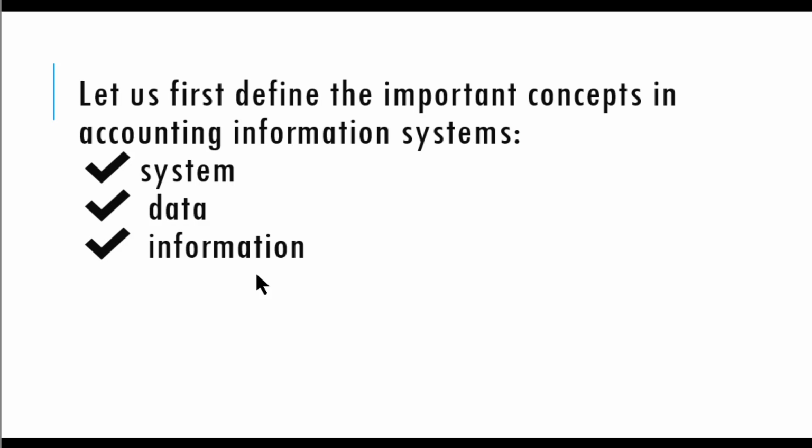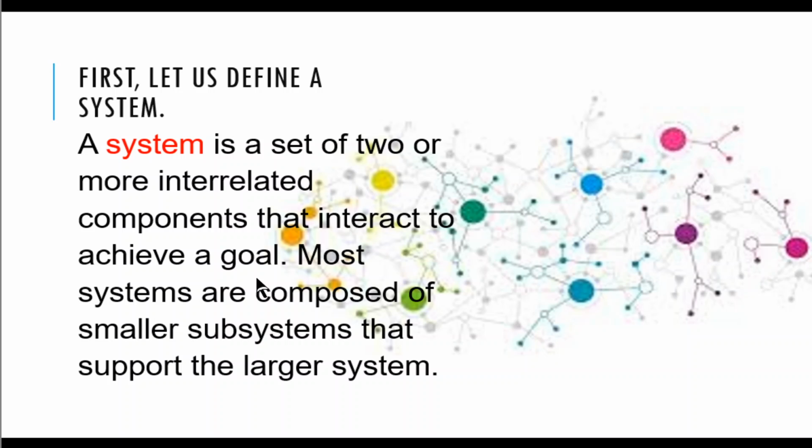So if you can recall in your science class, we have the different systems. We have the digestive system, nervous system. So it's composed of several interrelated parts. So a system is a set of two or more interrelated components that interact to achieve a goal.